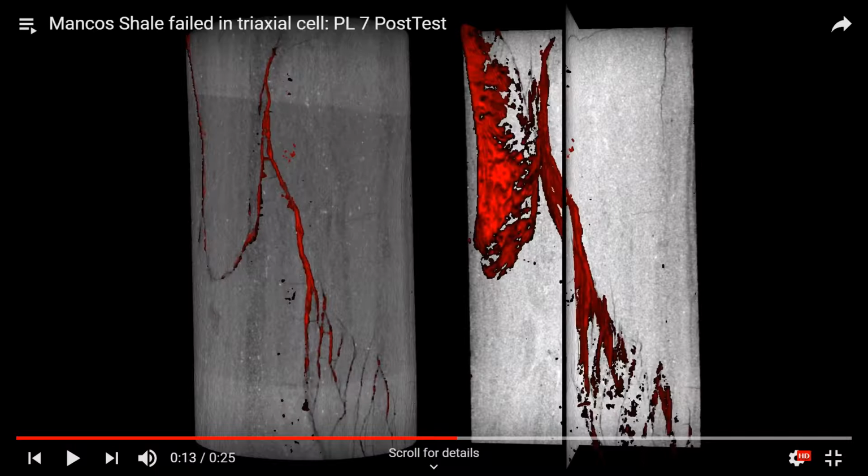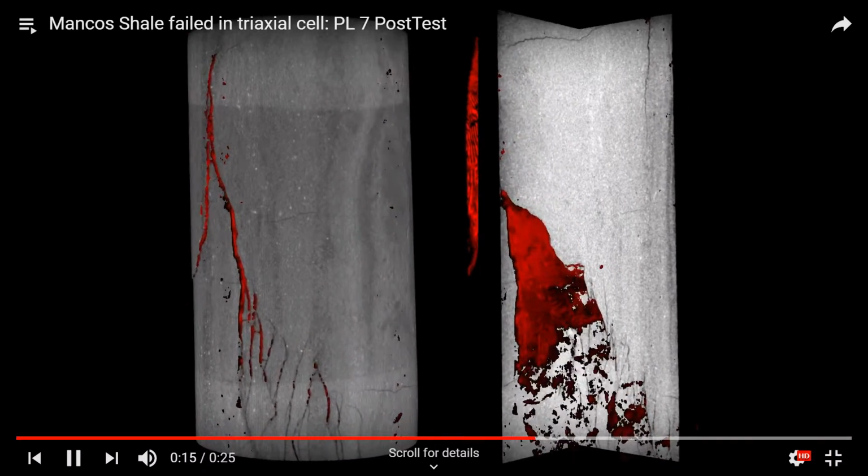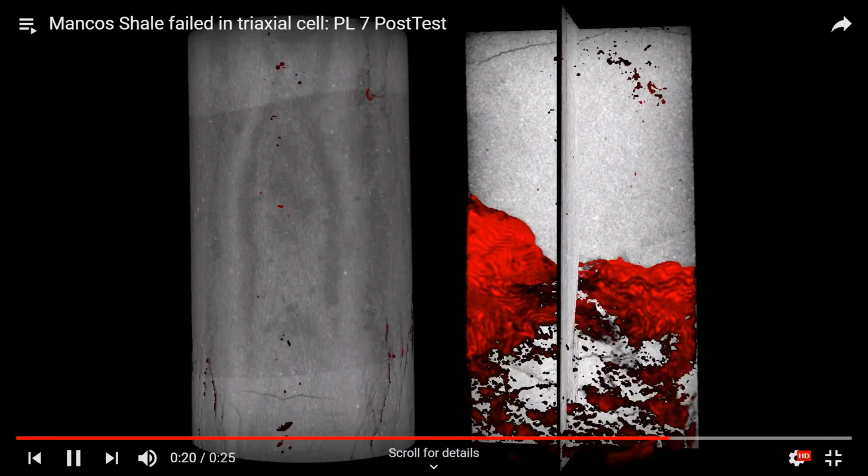All of those laminations help the rock to break. And they also help, as we're going to see later on, to create points of high stress concentration that favor propagation of some of those fractures.